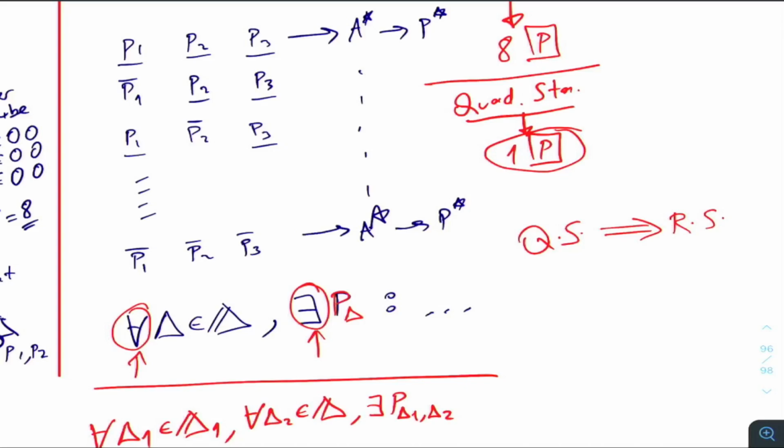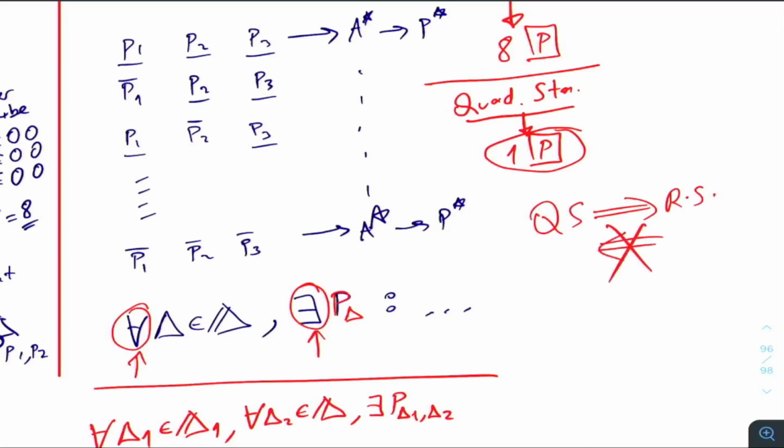However, quadratic stability has the ability to handle P1 ranges. Again, quadratic stability implies robust stability, but the converse is not correct. It is not an if and only if condition, not a necessary and sufficient condition.